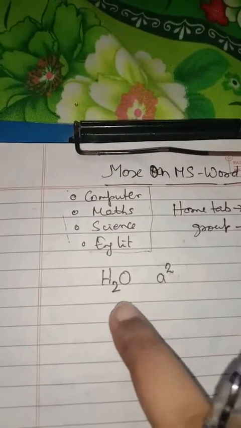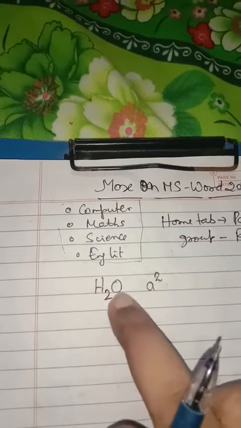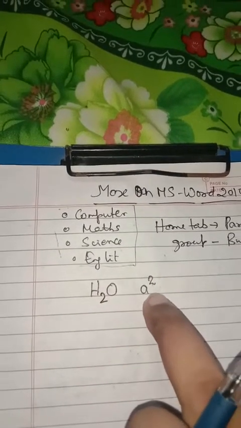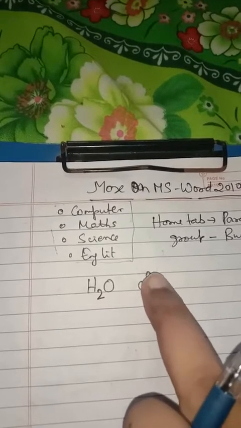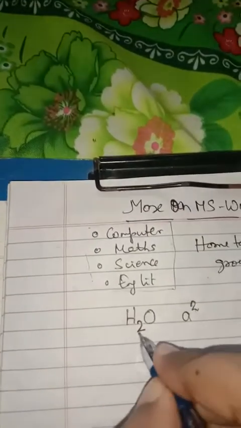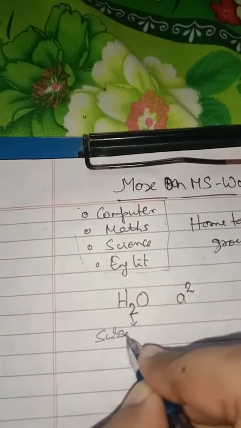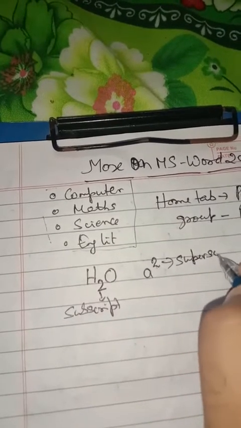In subscript the text that you select will appear below the normal text line, and in superscript the text that you select will appear above the normal text line. So this is subscript and this is superscript. Now all 5 questions' answers have been given.